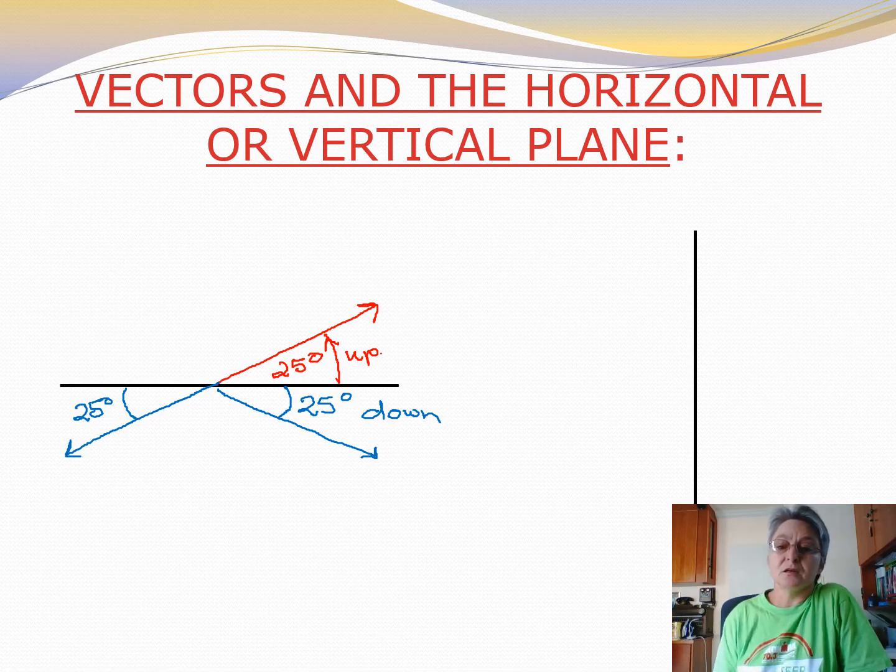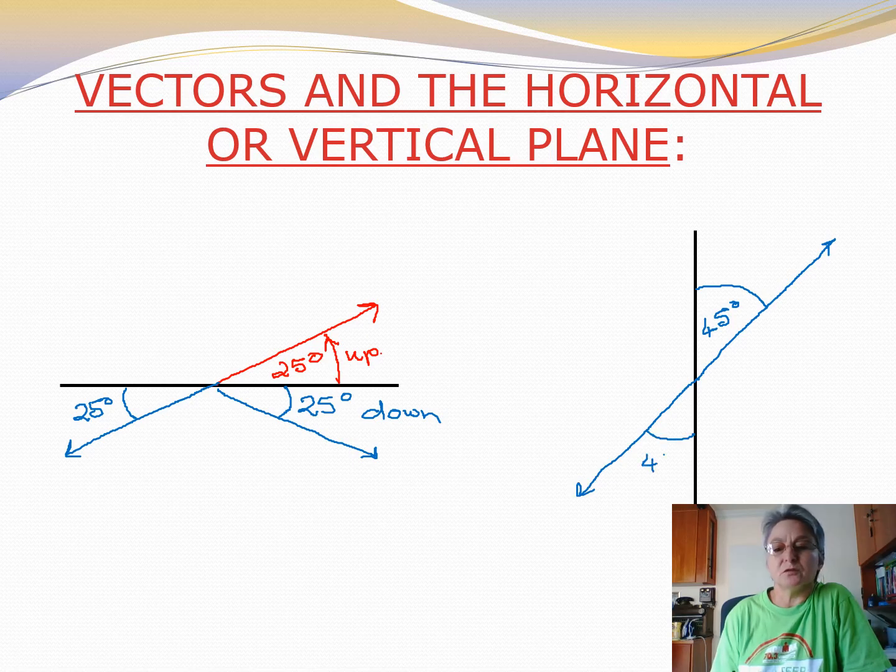Sometimes the angle is measured with respect to the vertical. So this would be 45 degrees with respect to the vertical up like that, and this would be 45 degrees with respect to the vertical down like that.